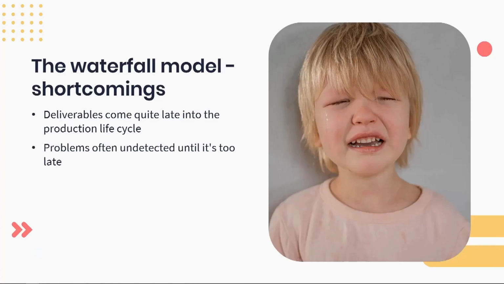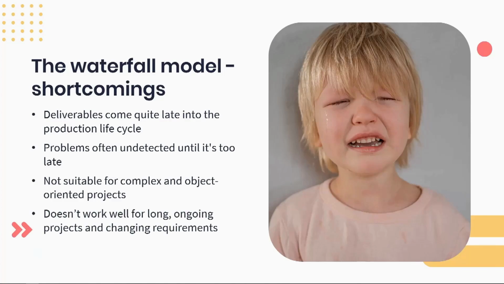It's not a good model for complex or object-oriented projects and doesn't really work well for long and ongoing projects. If requirements change a lot, it'll be difficult to keep track of things. Things such as adjusting the scope are near impossible as you'll have to adjust every other component of the project.